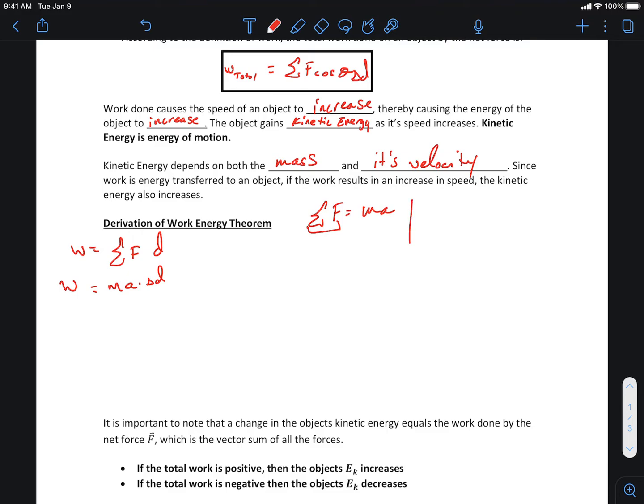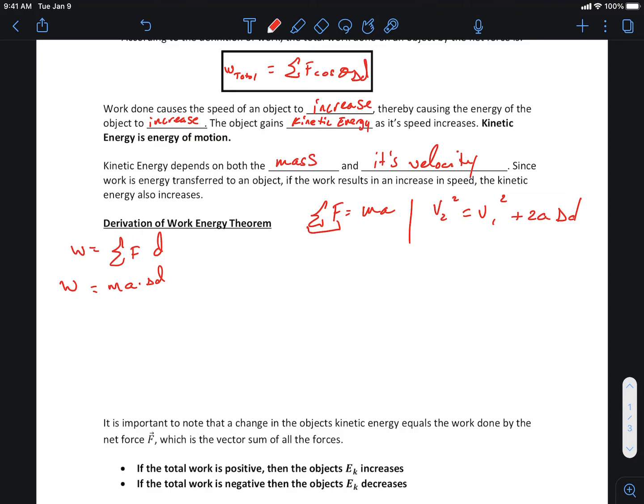What if I jumped over to my kinematics and I wrote something like this: V2 squared is equal to V1 squared plus 2a delta D. Well, you could write something in terms of delta D, but we could probably also write something in terms of the acceleration. What if I solve for the acceleration over here? What do you think is going to happen?